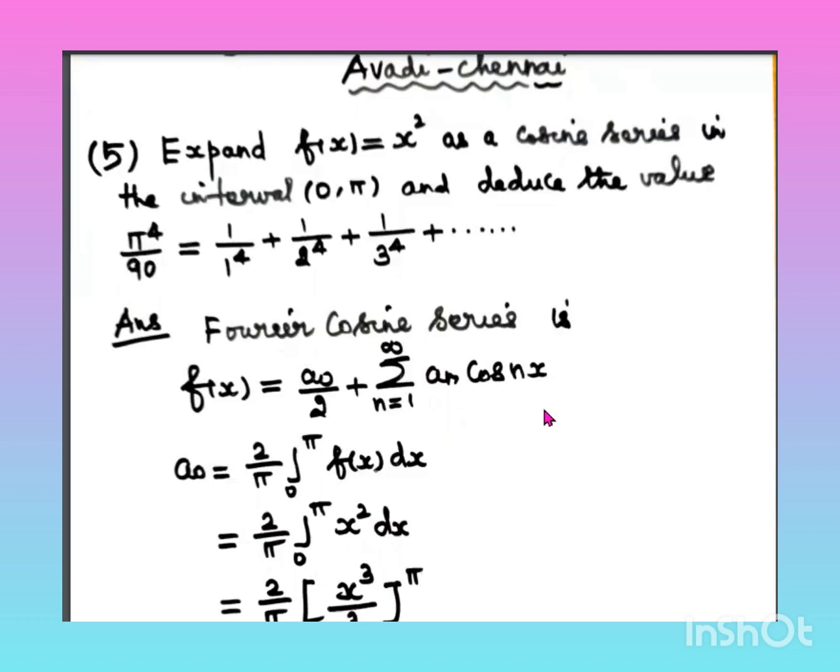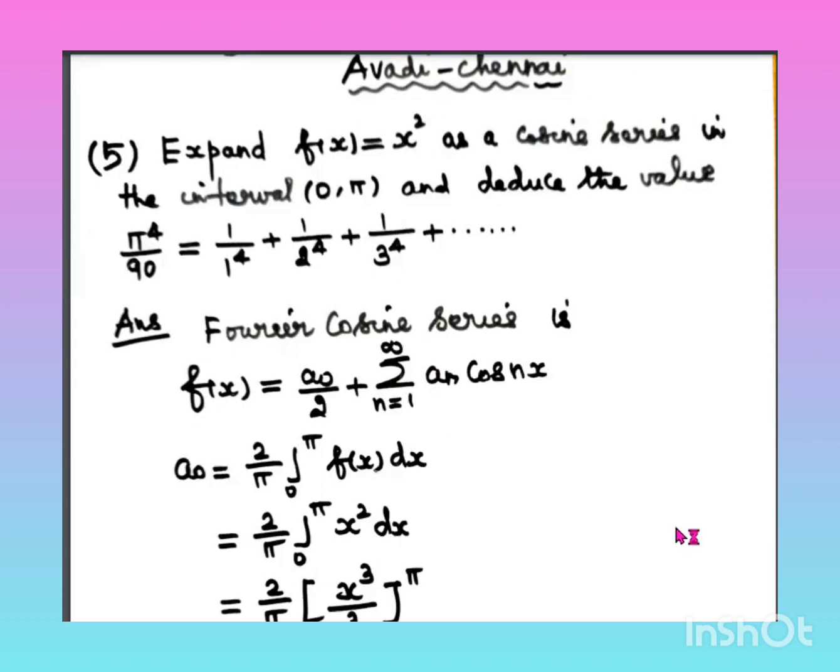Full range has a naught, an, bn. The problems I already explained in the previous videos. Half-range sine series will have only summation n equal to 1 to infinity bn sin nx.